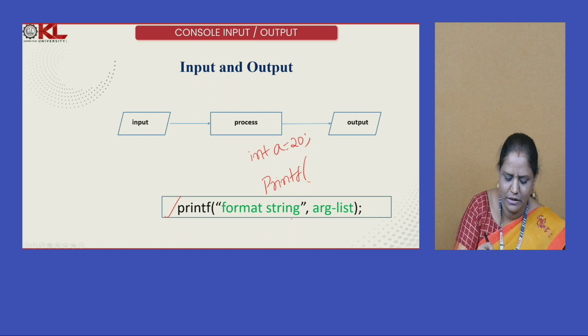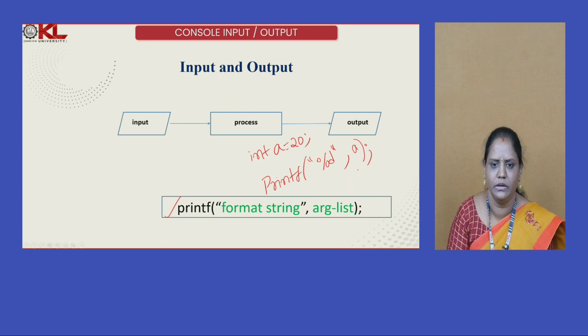Previously I discussed that for integer we use %d. So %d, comma, and the variable name. The argument list is nothing but the variable name you want to print on the screen. Like this we can write a printf statement in order to print a value on the screen, an output operation.